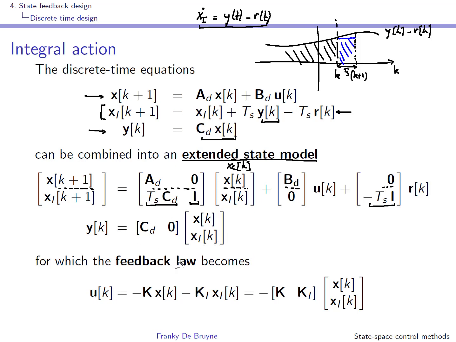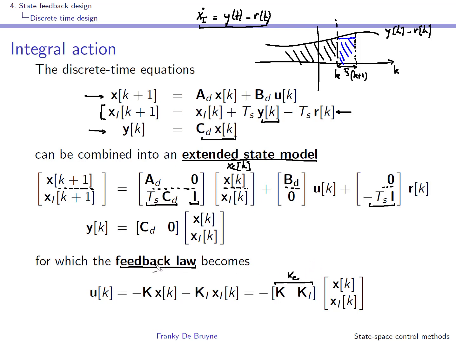So what we'll do is design a state feedback law, and again, it doesn't matter how you obtain this feedback law. You can use pole placement, you can use LQR, but in discrete time design, as we will see just after these few slides.